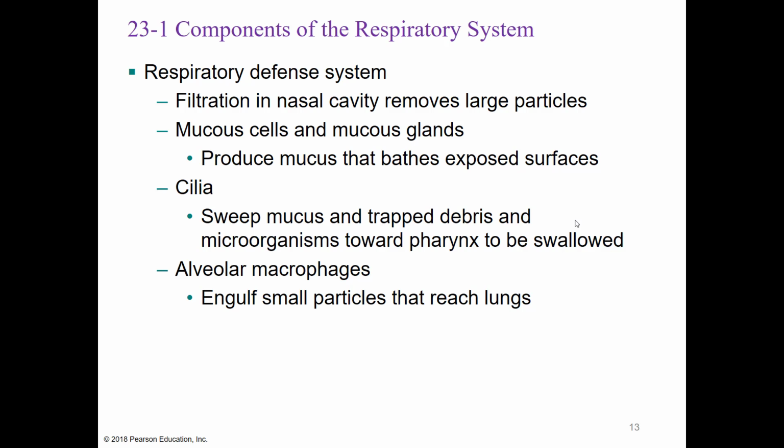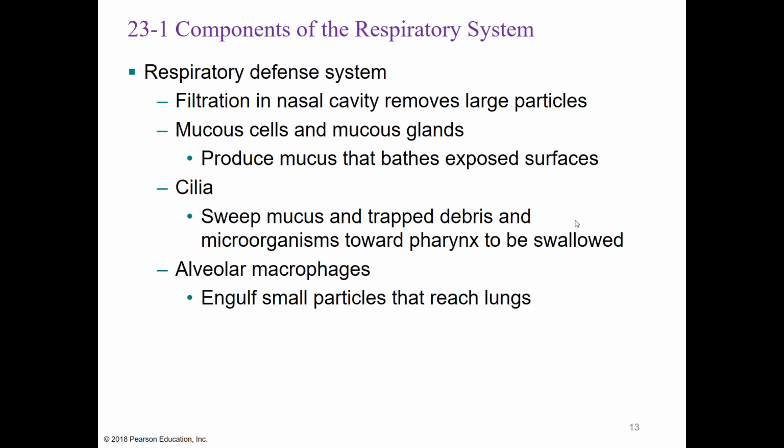We also have alveolar macrophages. So our first line of defense: nose hairs. Second line of defense: if anything gets past the nose hairs, it gets caught in our mucus escalator that's coming up from the lower passageways towards the back of our throat, where we will then swallow it and zap it with stomach acid. And then our third line of defense is the alveolar macrophages.